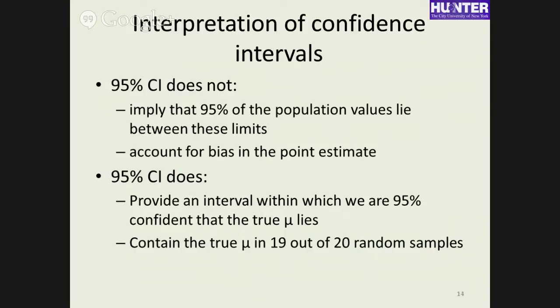And it can also be interpreted that if you were to repeat this study, repeat this sample 20 times, if it's a 95% confidence interval, then that confidence interval would contain the true mean 19 out of 20 of those times.